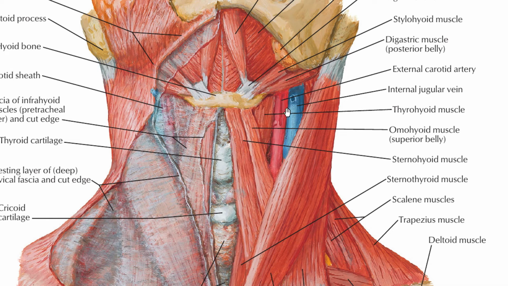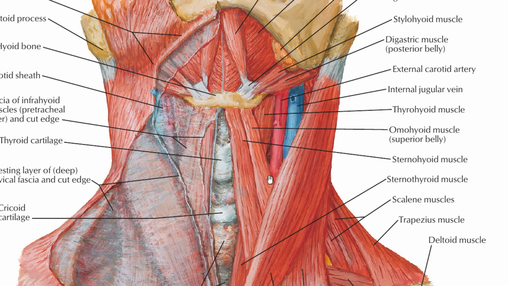We know that the carotid sheath is a tubular structure which gives passage to the common carotid, internal jugular vein, vagus nerve, and there are certain lymph nodes as well. I forgot to mention that the submandibular triangle also contains lymph nodes.